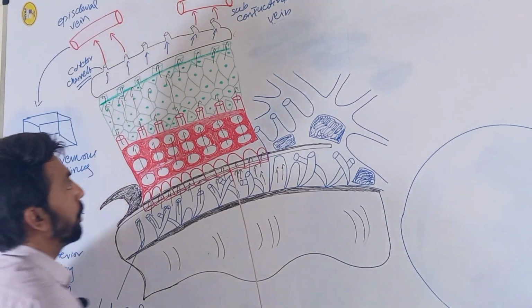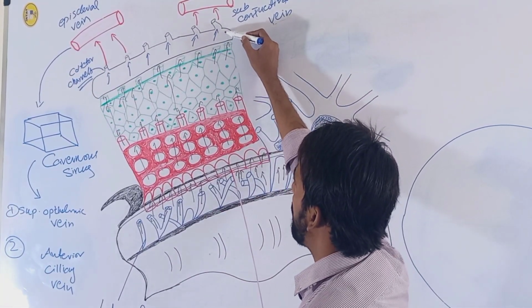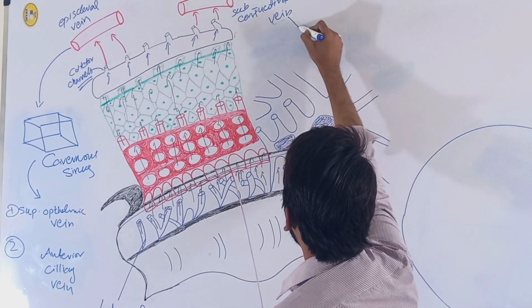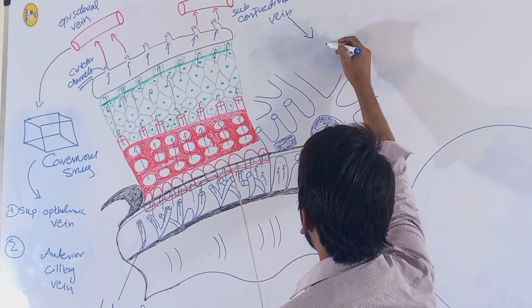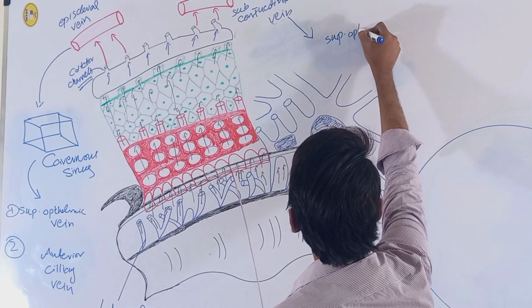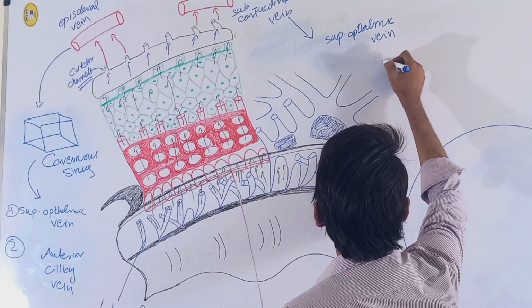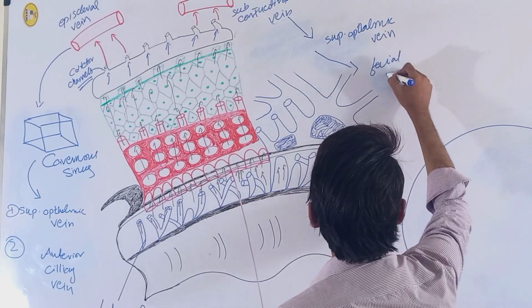And now this portion, from the Canal of Schlemm, collector channels, and the subconjunctival vein, will go into different veins, and the first vein is called the superior ophthalmic vein, and then the facial vein.